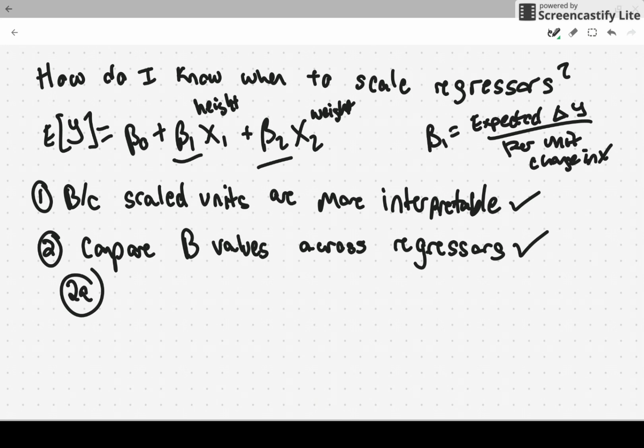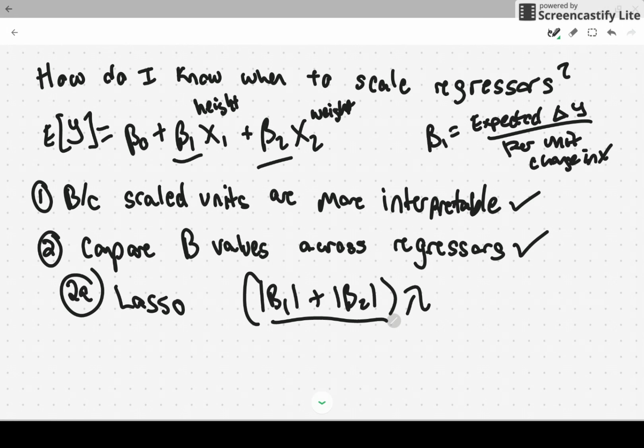Sometimes when people want to do stuff like the so-called lasso, they want to constrain the absolute value of the sum of beta 1 and beta 2, maybe times some constraint parameter, lambda. Well, you can't add these two things unless they have similar units. So for them to have similar units, we have to redefine our x's to have the same units. One way to do that is to have them both in standard deviation units.